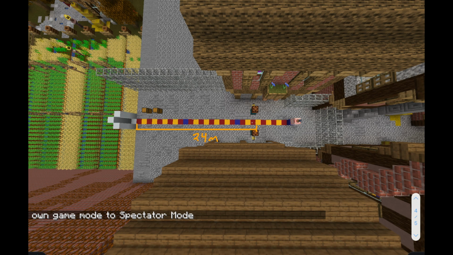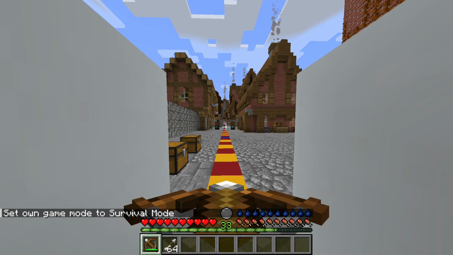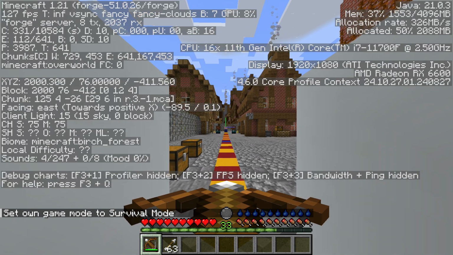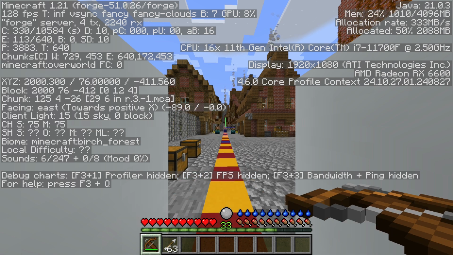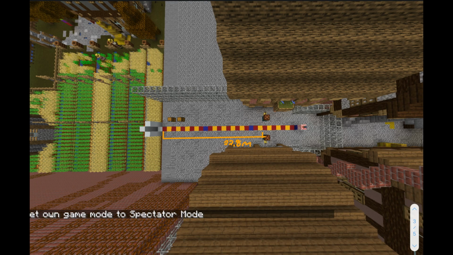On my second attempt, it took the arrow 0.62 seconds to go 24 meters. On my final attempt, it took the arrow 0.58 seconds to travel 22.8 meters.